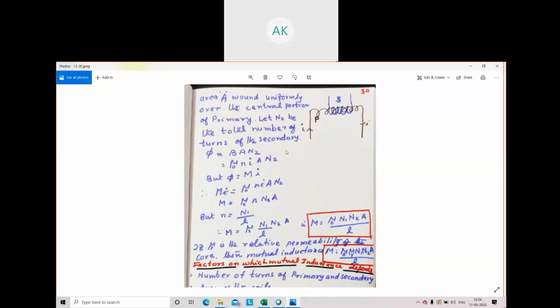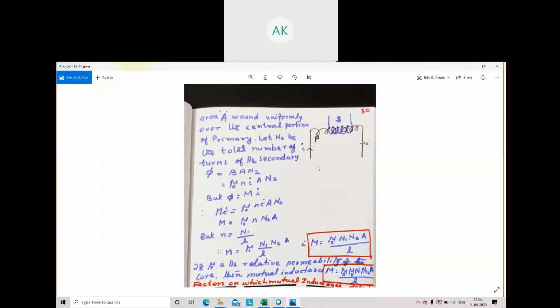You can see the figure. The brown colored one is drawn as the primary coil, and the blue colored one is the secondary coil. It is wound one over the other.